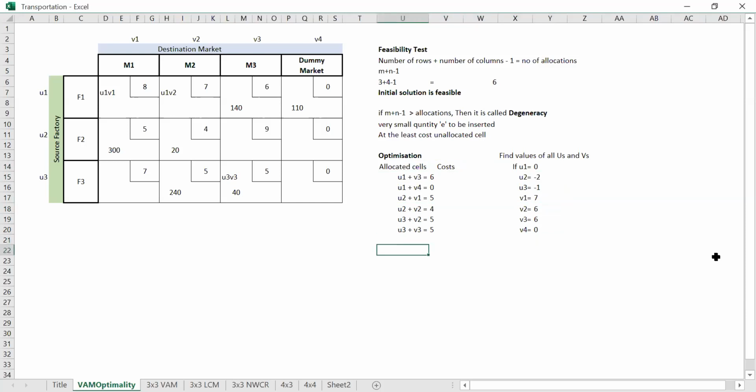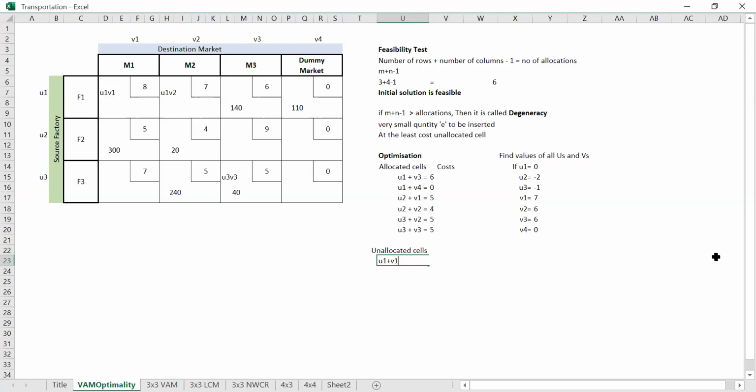Once we have done this, we go to the unallocated cells and the associated formula. So unallocated cells, again, write it down.